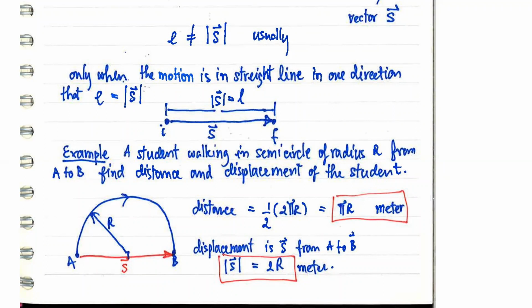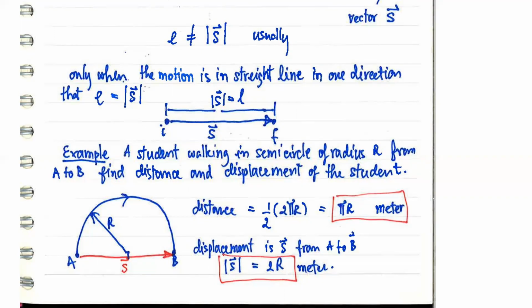Now the displacement is a vector starting from the initial point to the final point. In this case, that vector S is along the diameter of the circle. So the displacement has a magnitude of 2r meters, pointing from left to right. So you see that in this case, the distance and the displacement are not the same.